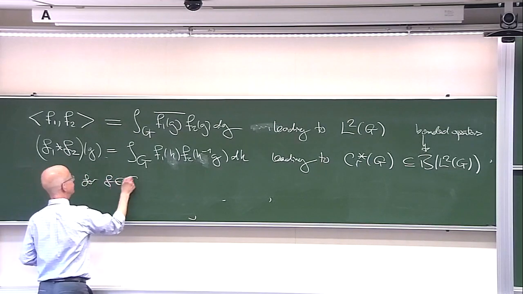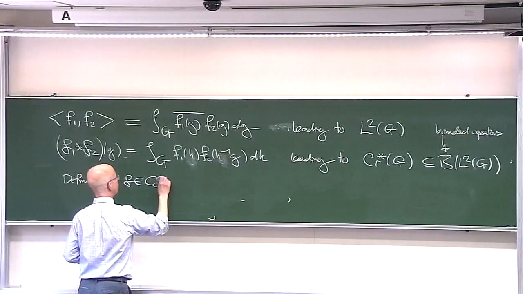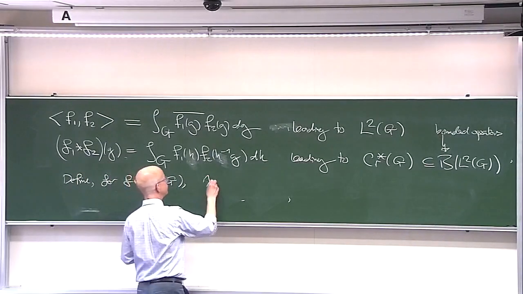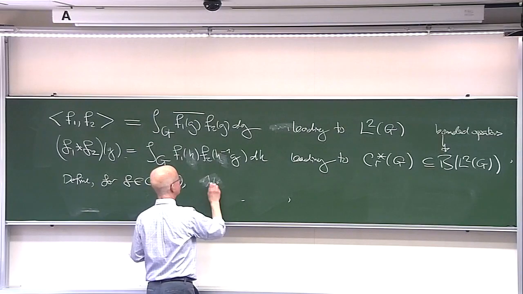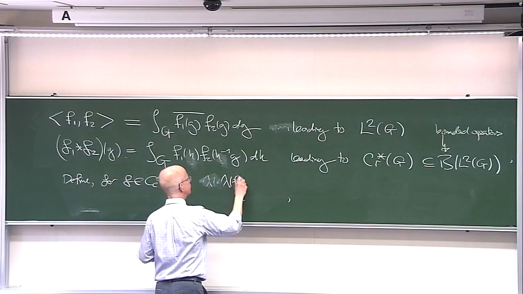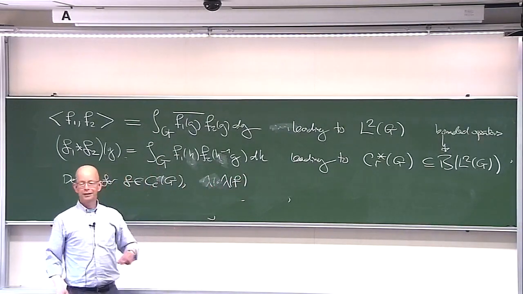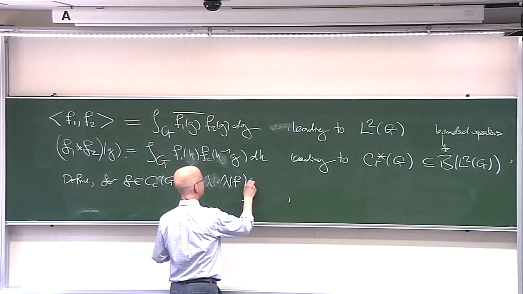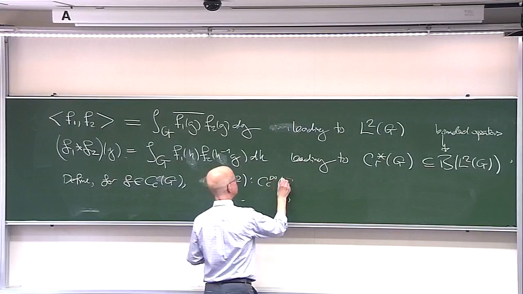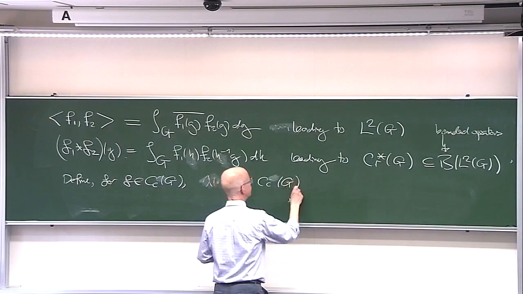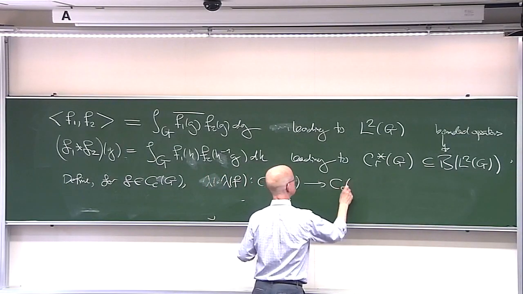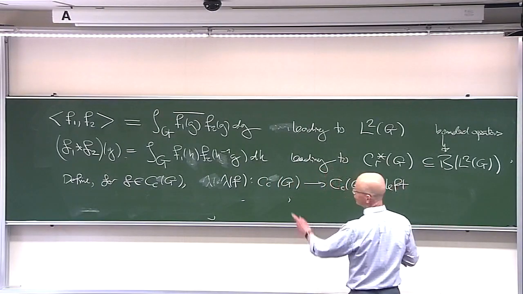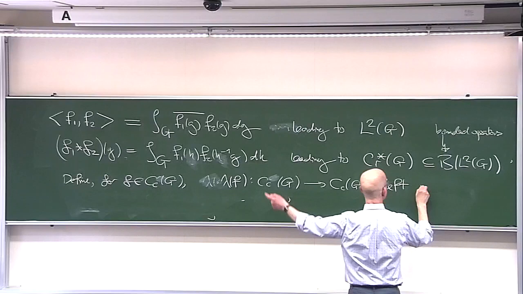So here's what we do. I have a function f, and I can make an operator out of it in the following way. Lambda stands for left: just left application of f as a convolution, as up there, left convolution.